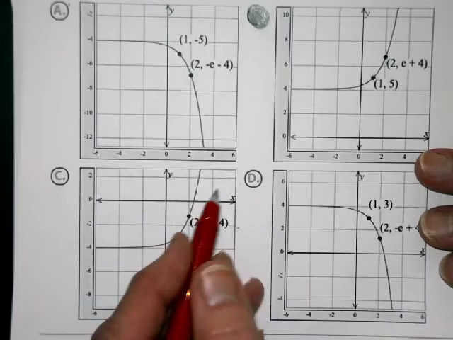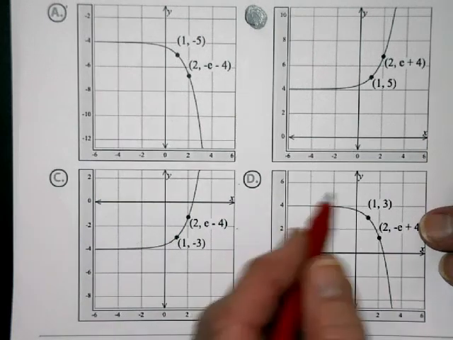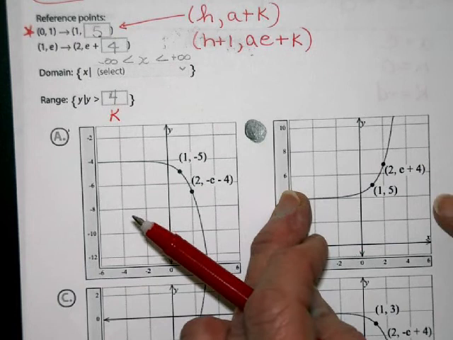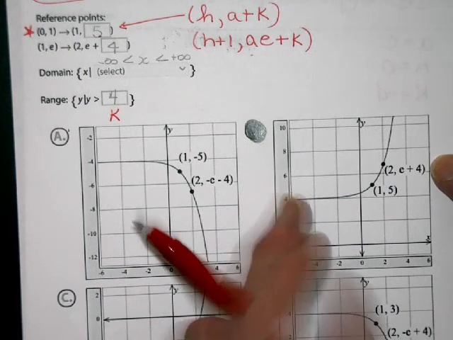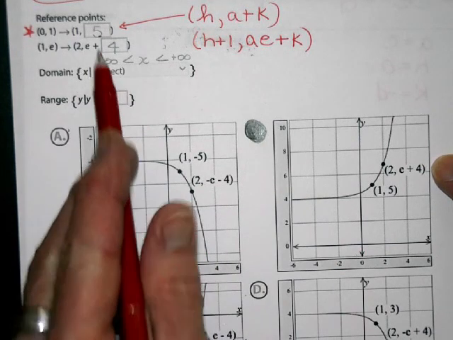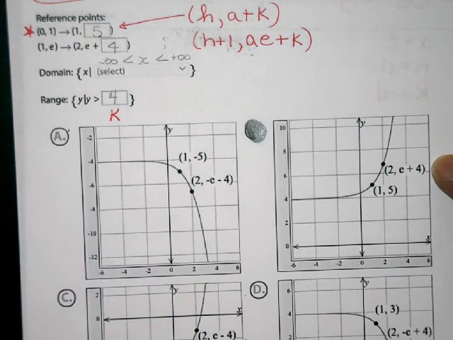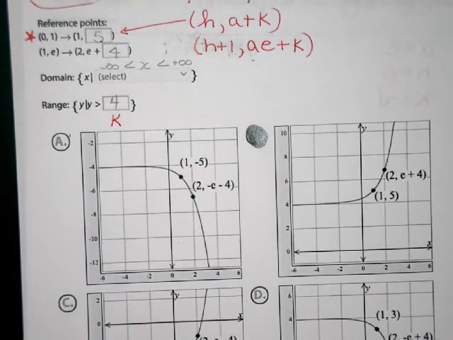So when you go to look for the graph, I always look for the first point first, 1, 5. A doesn't have 1, 5. B does. C doesn't. D doesn't. So all you have to do is find the first one, and then make sure your second one matches the second one you typed in up here. Fair and square?